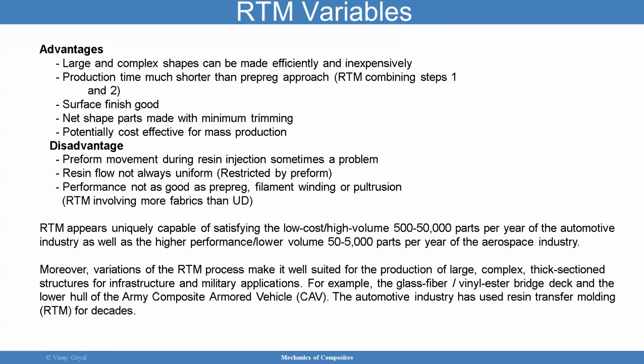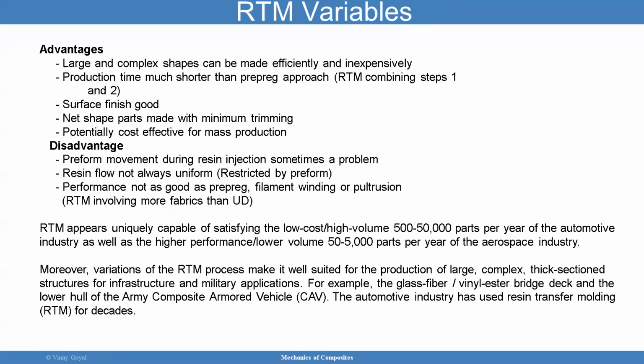So for RTM, the advantages: you can make very complex shapes efficiently and cheaply. Production time is very fast. Surface finish is great. You also have net-shape parts with minimum trimming, and it is potentially cost effective for mass production. So definitely something to look at and spend some research funding on.